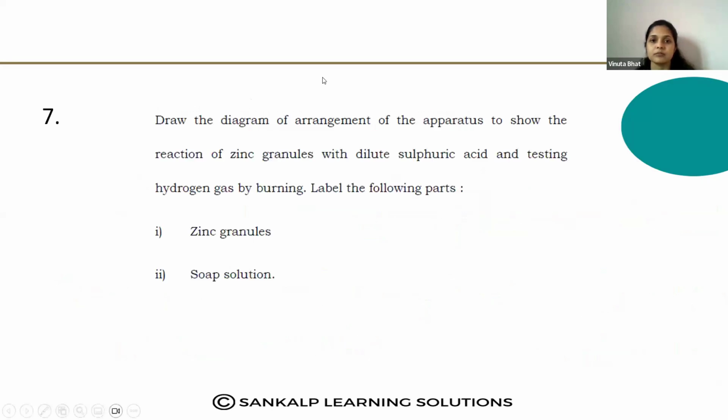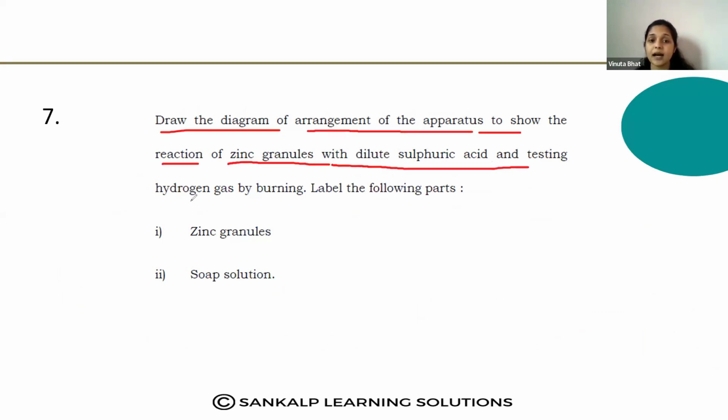Next question. Draw the diagram of arrangement of apparatus to show the reaction of zinc granules with dilute sulfuric acid and testing the hydrogen gas by burning. Label the following parts: zinc granules and soap solution. One of the very important diagrams.